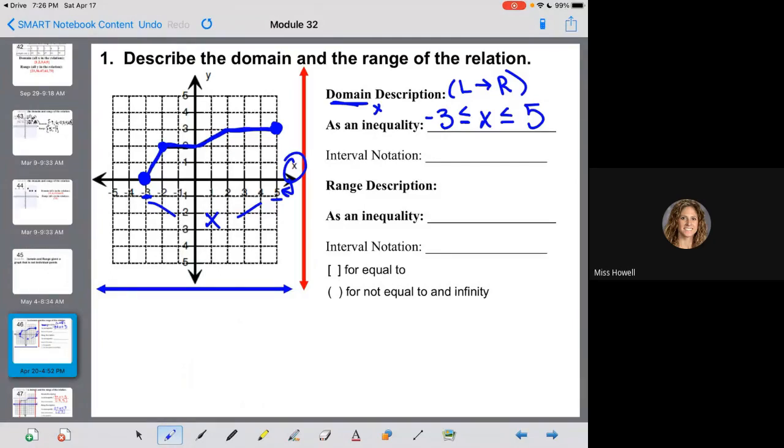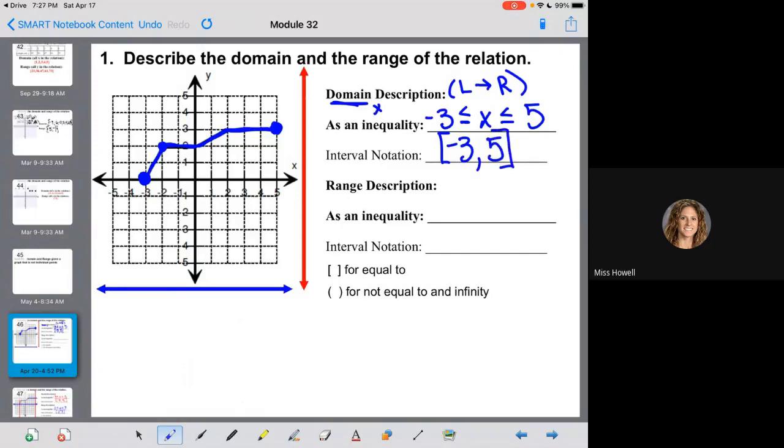All right, so a little bit of a trip back to our review of interval notation. Remember, for interval notation, when you have equals to, you have a bracket. So it could be equal to negative 3, so we're going to have a bracket, starts at negative 3, goes to 5. And then it could be equal to 5 again, so we're going to have a bracket here.